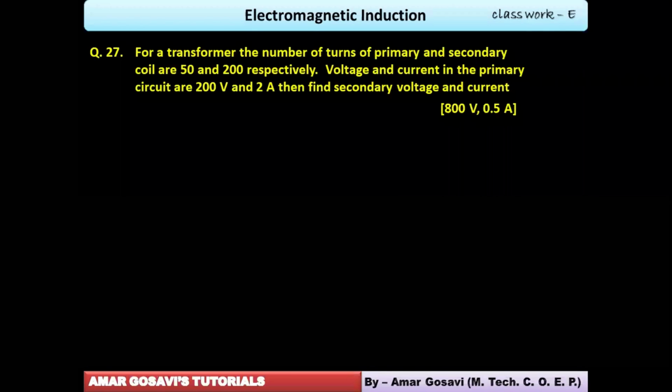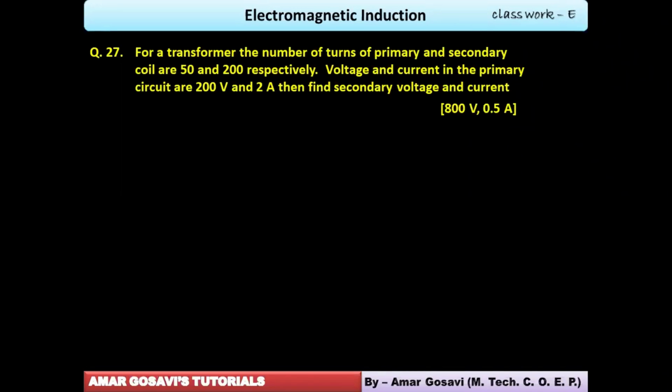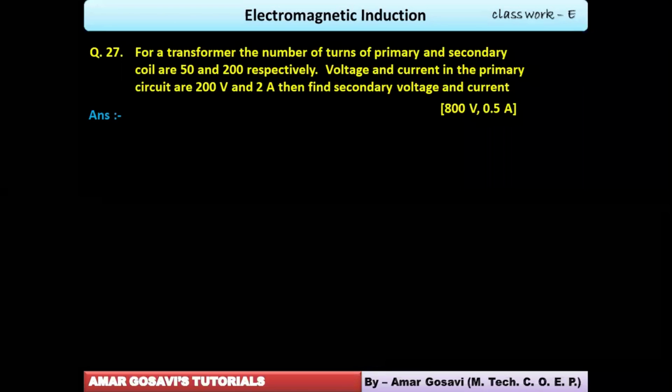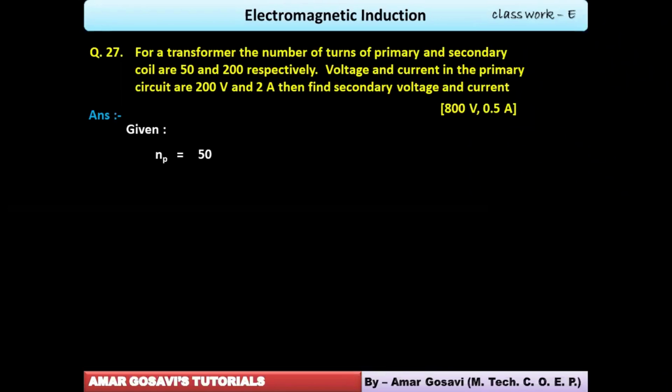Here we are talking about a transformer. The number of turns on the primary and the secondary, they say, are 50 and 200 respectively. Voltage and current in the primary are 200 volt and 2 ampere. So they are expecting the secondary voltage and current over here. So let's see. The given data is NP 50, NS is 200. EMF across primary is 200.